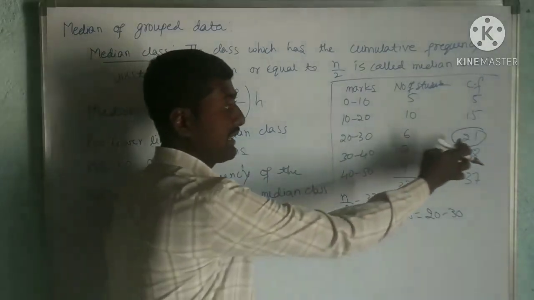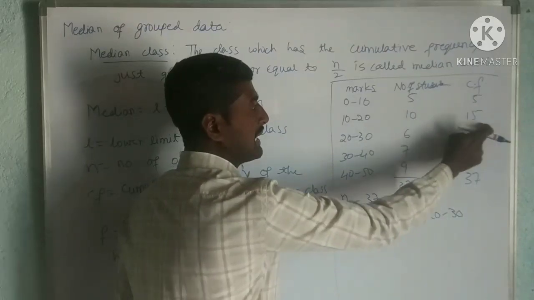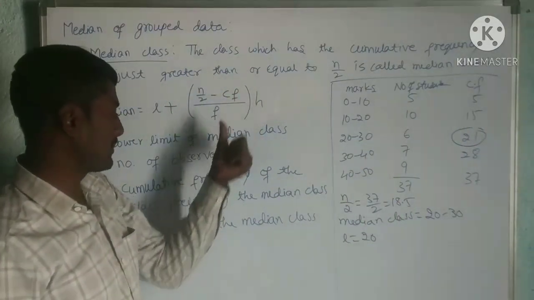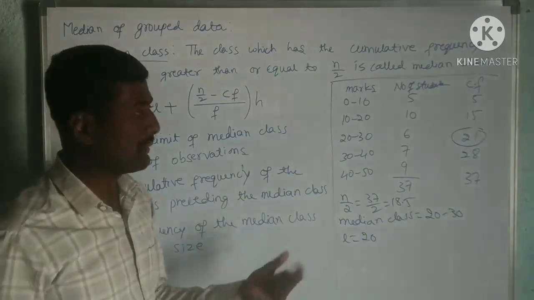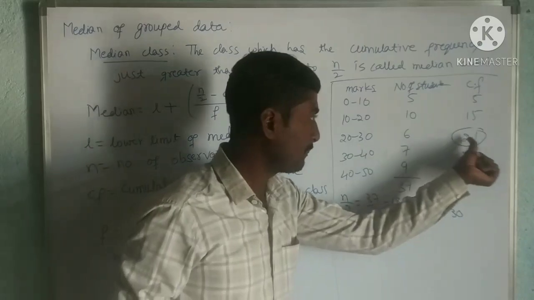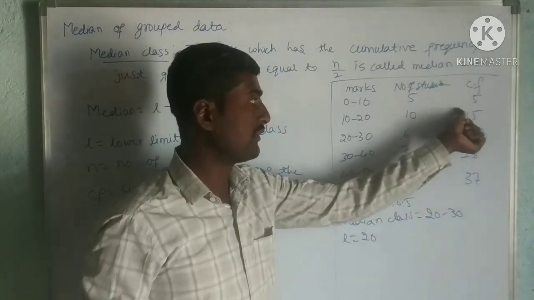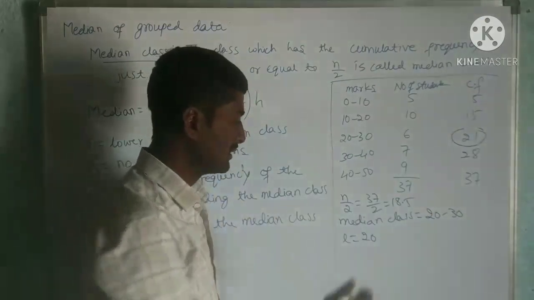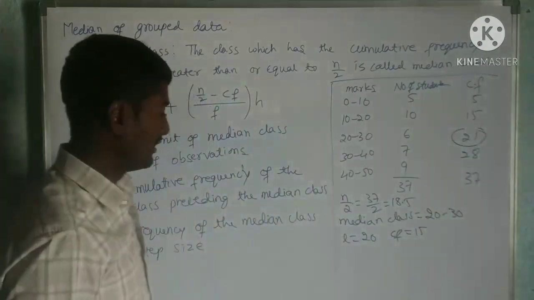I cannot take 21. I must take 15 as CF, because this is the median class and the preceding class has cumulative frequency 15. So CF is 15.